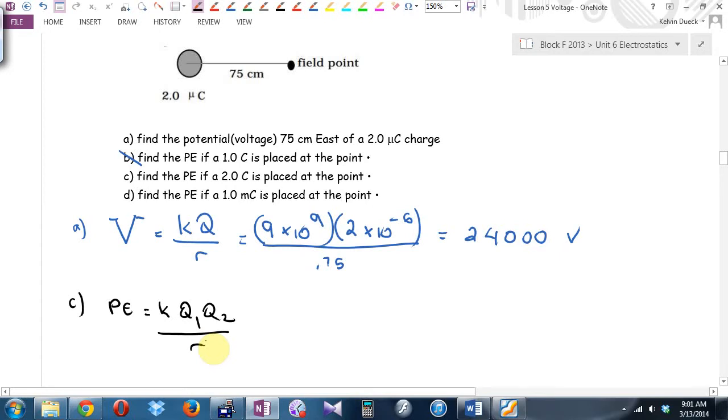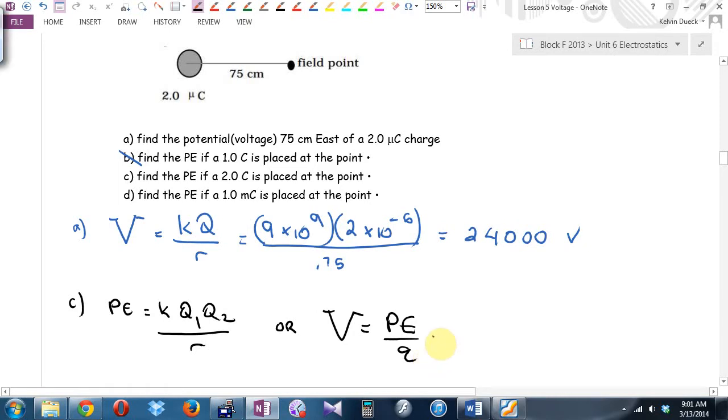And I would do that if I hadn't done part A already. But what did I find in part A? The voltage at that location. If you recall, on the previous page, we defined voltage as energy per coulomb. Could you get the energy by itself for me in that equation, please?